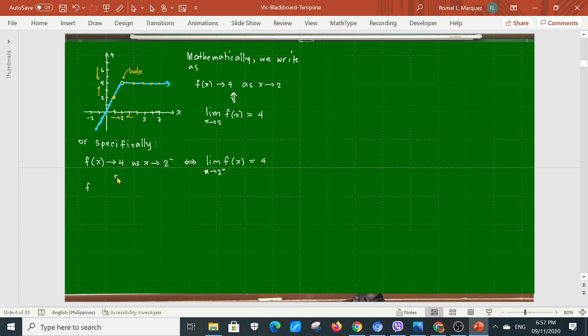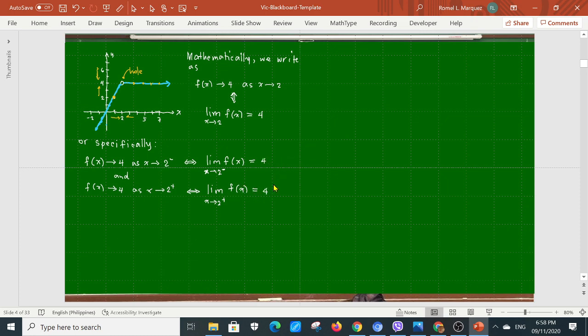And also, f of x approaches 4 as x approaches 2 from the right. How do we write that? From the right, with superscript positive. So, equivalently, the limit as x approaches 2 from the right of f of x is equal to 4.